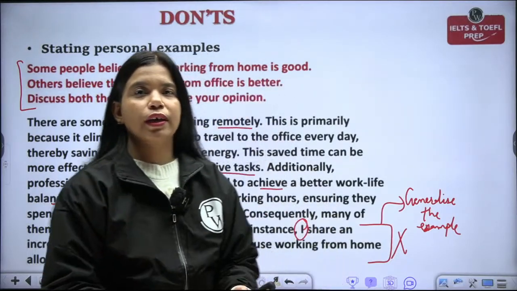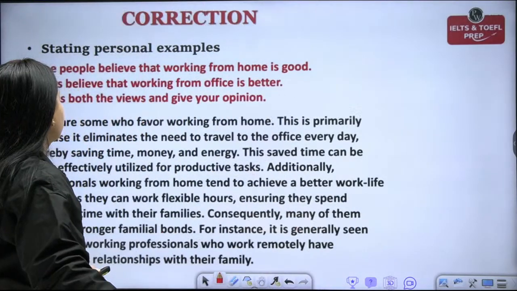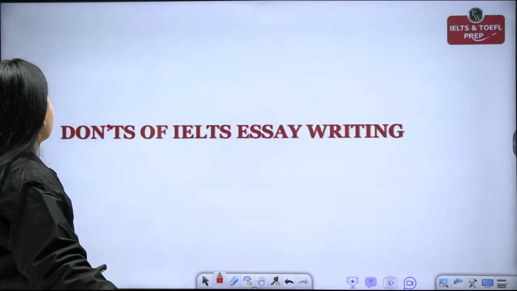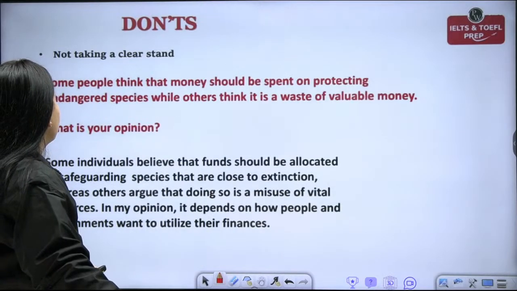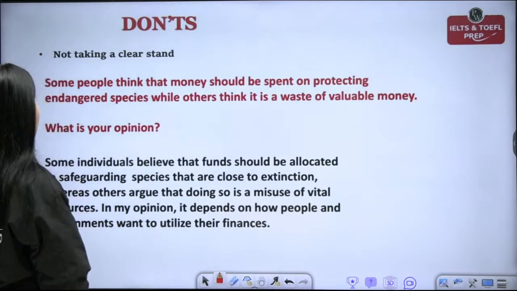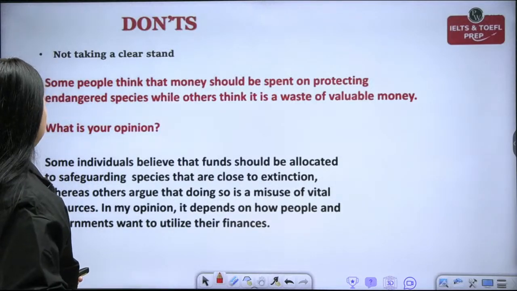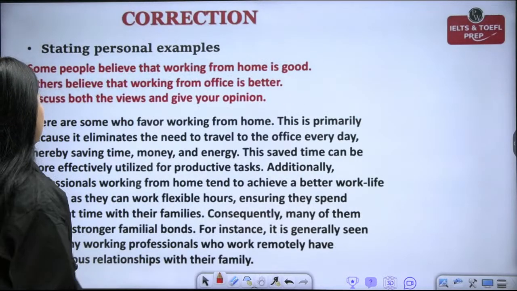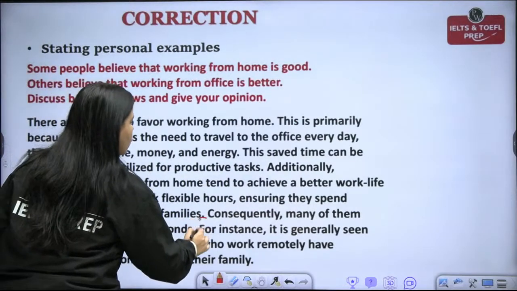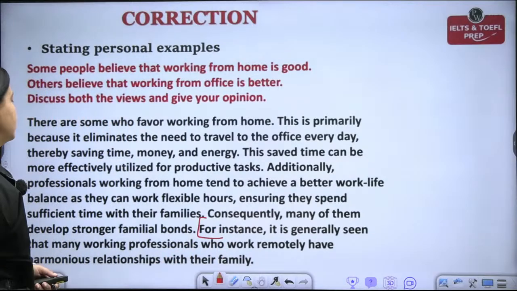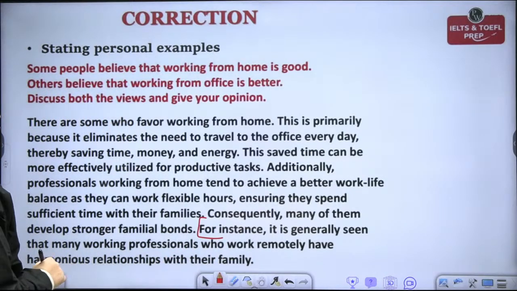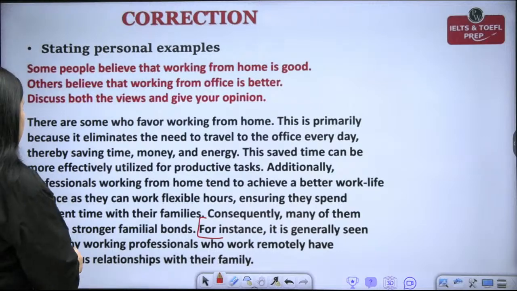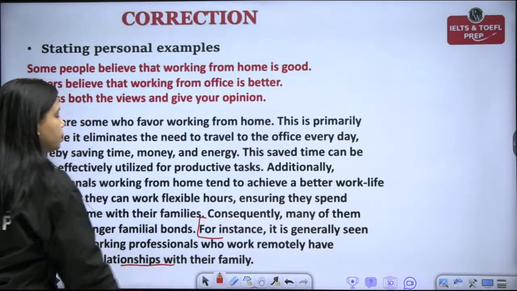Let me show you the corrected paragraph. Right, so here we have the corrected paragraph. So it says, for instance, it is generally seen that many working professionals who work remotely have harmonious relationships with their family.